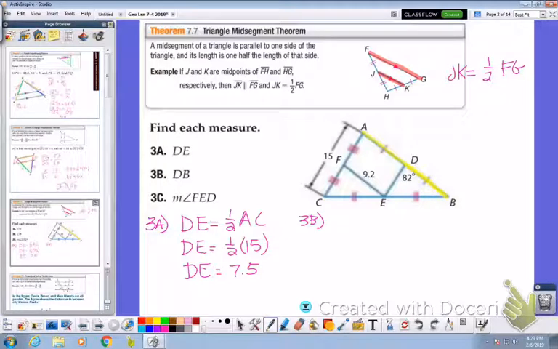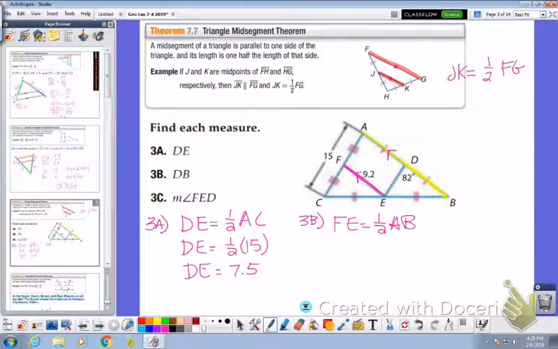So the side of the triangle, what segment inside the triangle is parallel to that? Well, that's FE. Those two are parallel. So according to the midsegment theorem, FE is equal to half of AB.